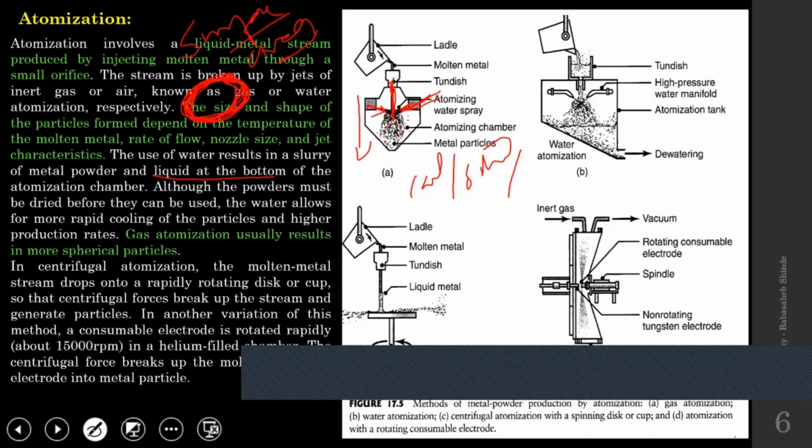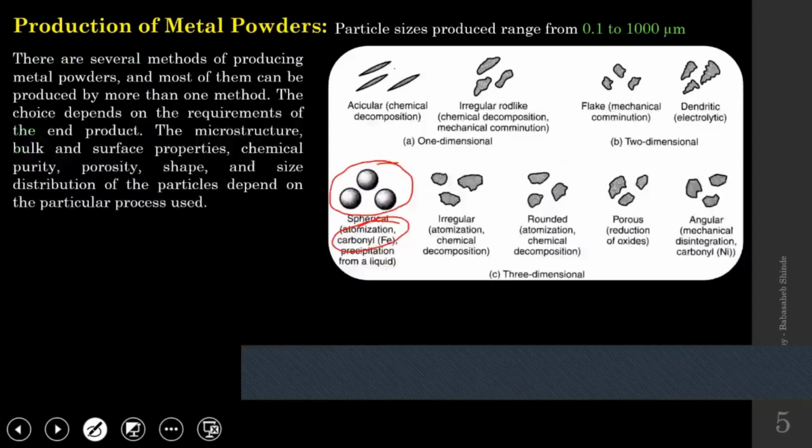Because of surface tension, the liquid drop tries to minimize its surface area, and a sphere has the minimum possible surface area. If you compare irregular, dendritic, or angular particles of the same volume, the spherical particle has the minimum surface area compared to its volume.